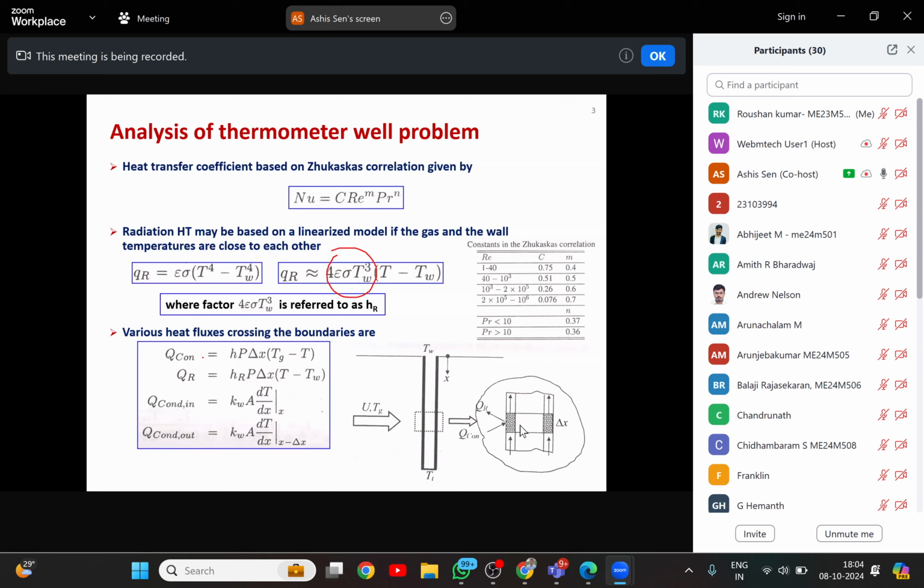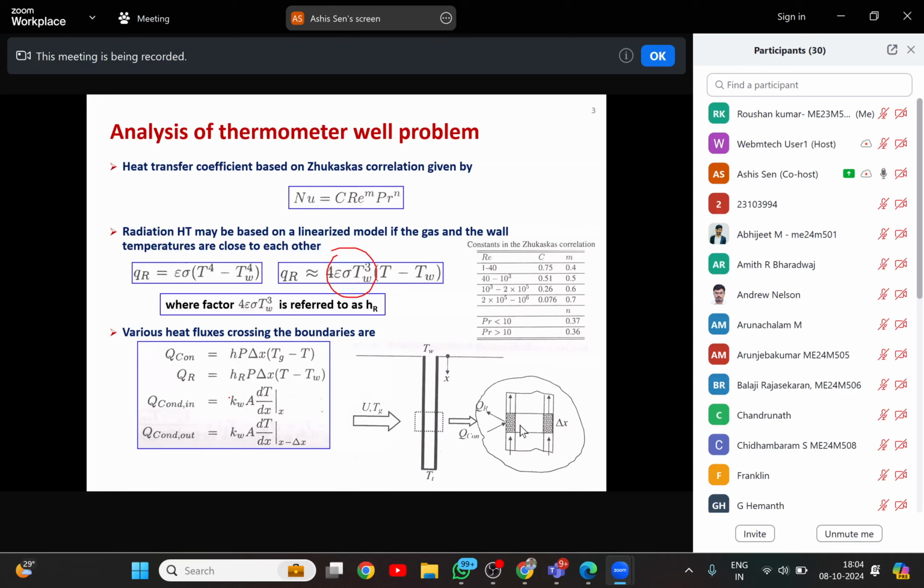The convection heat transfer between the gas and the cavity wall is given by perimeter times delta x, which is basically the area, times the heat transfer coefficient: H into A into delta T, Tg minus the temperature T at any x on the cavity wall.